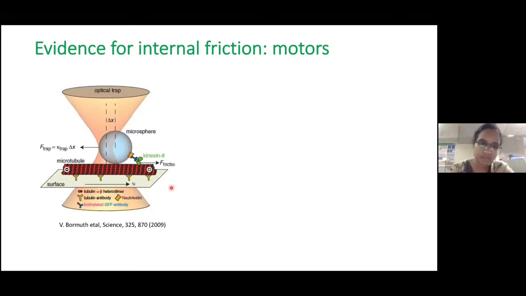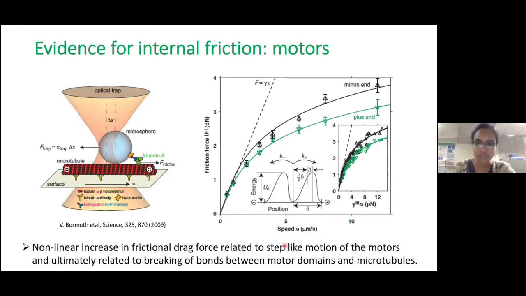In this experiment, there is a microtubule lying on a substrate, and you come in with a colloidal particle carrying a molecular motor, which is held in an optical trap. If you move this stage periodically with speed v, you would find that the friction force will scale non-linearly with speed v.